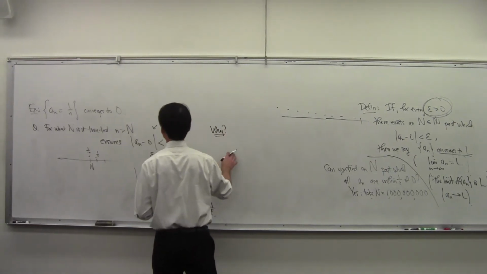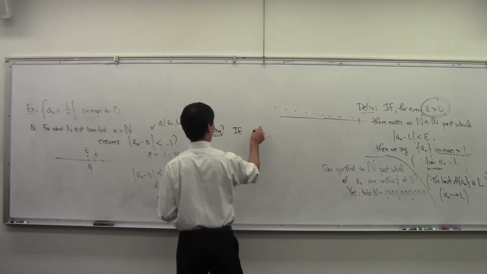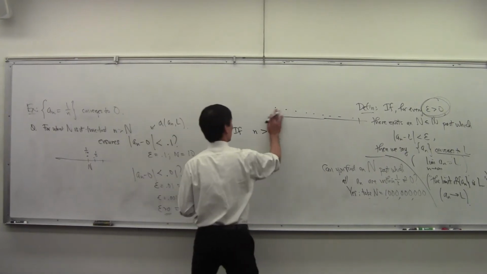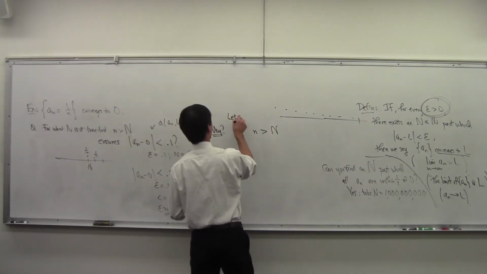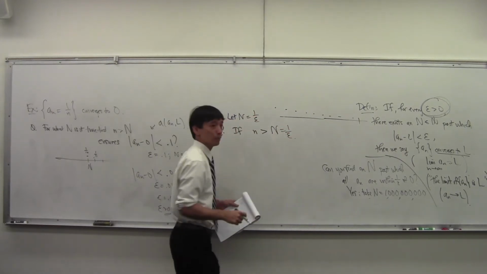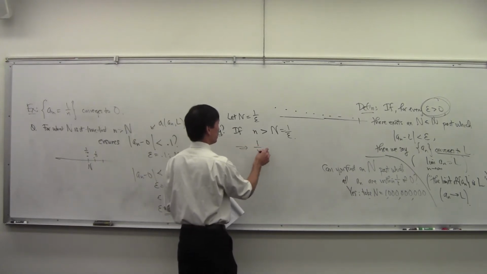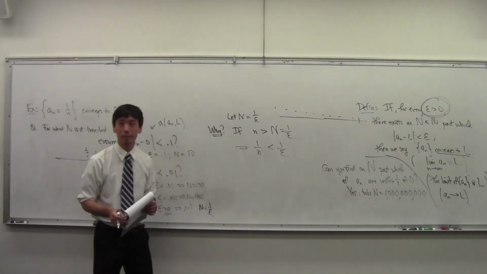Why does that work? Well, if n is bigger than 1 over epsilon, then you know that 1 over n is less than epsilon.